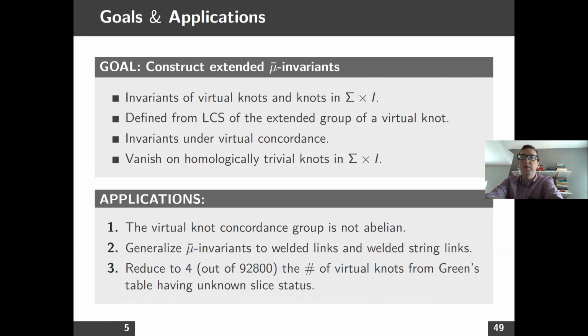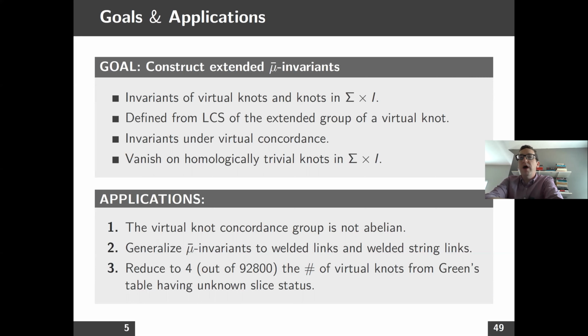We'll go over what that means in a minute. These will be invariants under virtual concordance in the sense of Turaev, and they vanish on homologically trivial knots in thickened surfaces. So homologically trivial knots are sort of the analog of a boundary link for knots in thickened surfaces.